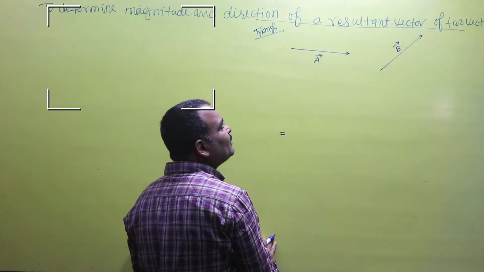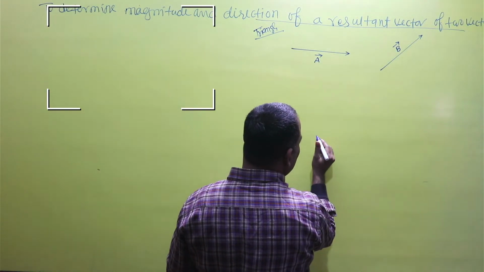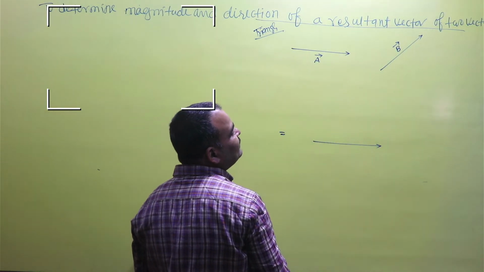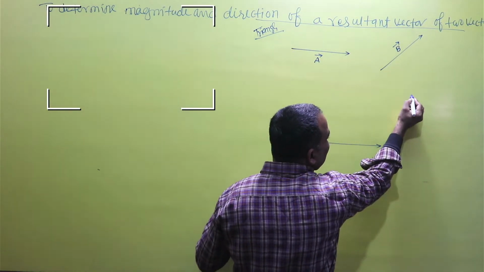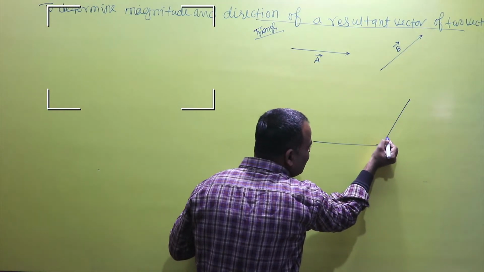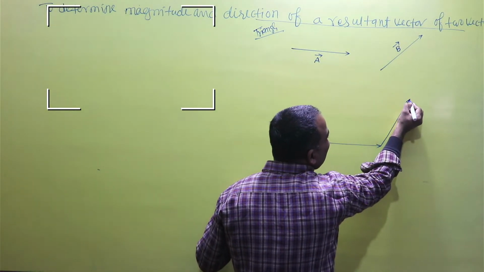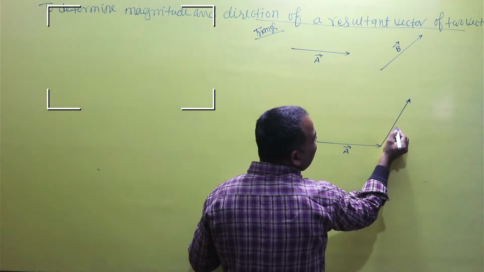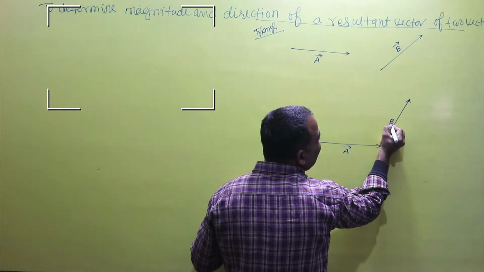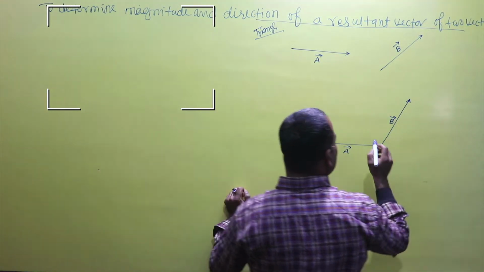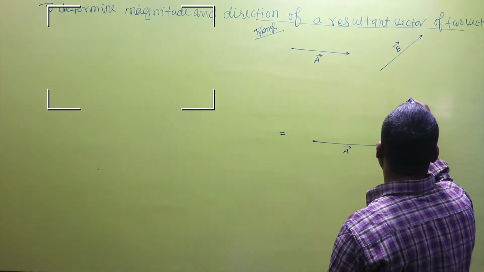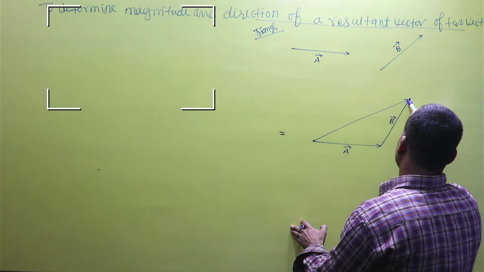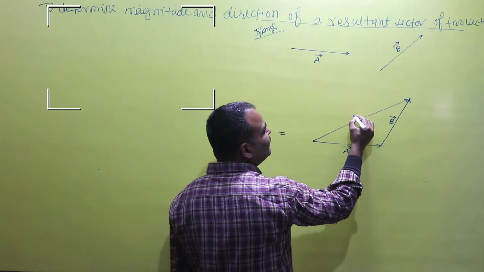Already we know how to add vectors by the triangle law. First of all, we take vector A with the same length and in the same direction, and shift the tail of vector B to the head of vector A. This is vector A and this is vector B. The straight line joining the tail of vector A to the head of vector B gives the resultant of vectors A and B.